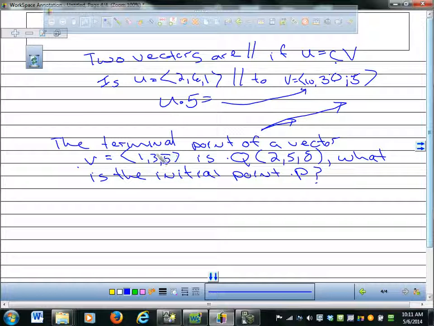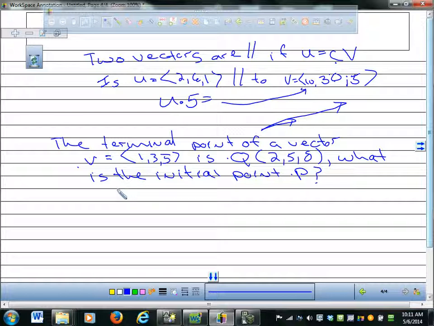How do I find a vector if I know the terminal point and the initial point? Yes, Sam? The component form is the terminal minus the initial. Right, so you can plug the terminal point into that equation and set it equal to the component form of the vector.